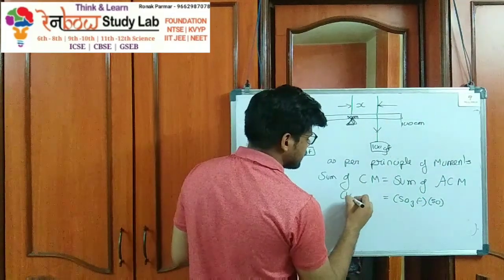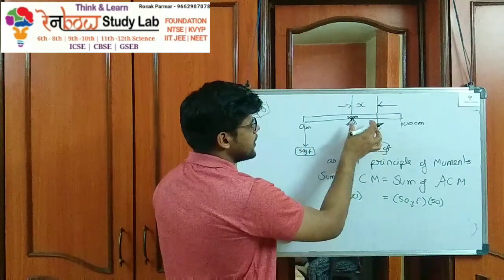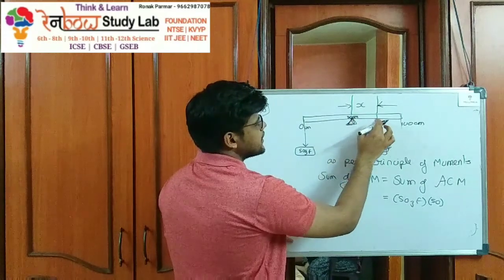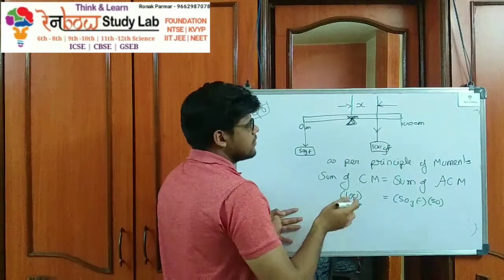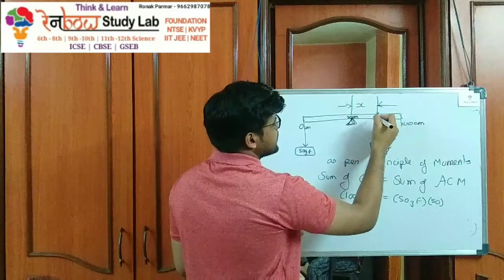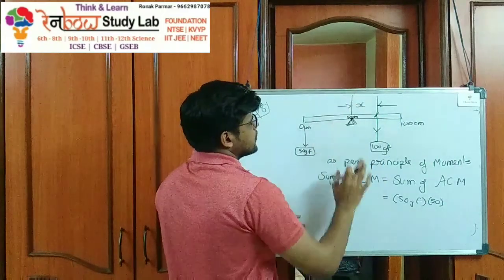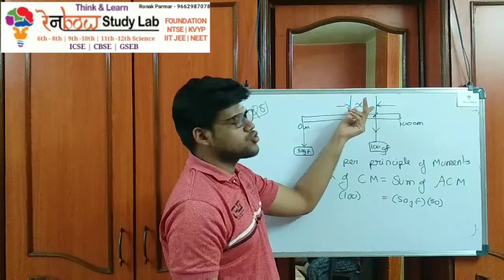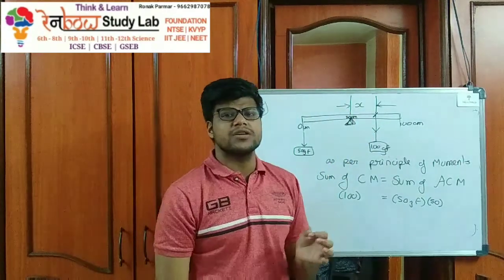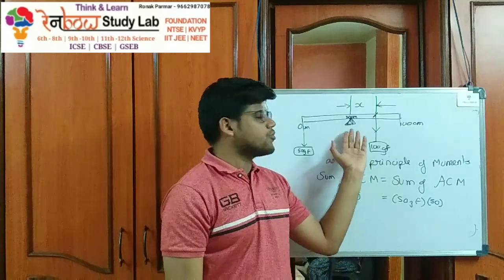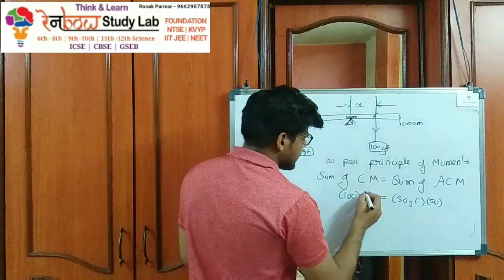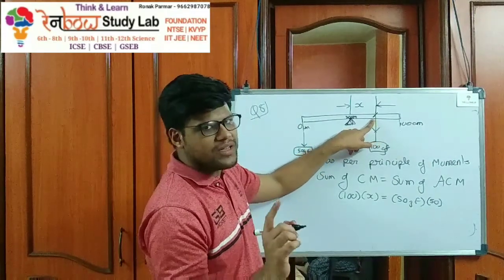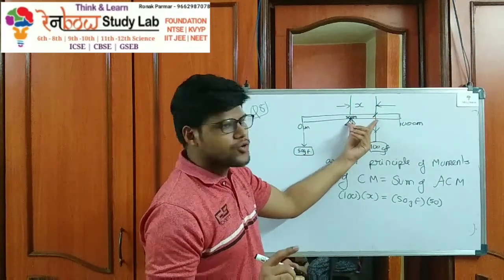Weight is 100, so force is 100, and the distance between the pivot point and this point is x. Please understand, I have not taken this point to be x. I have taken this distance to be x.